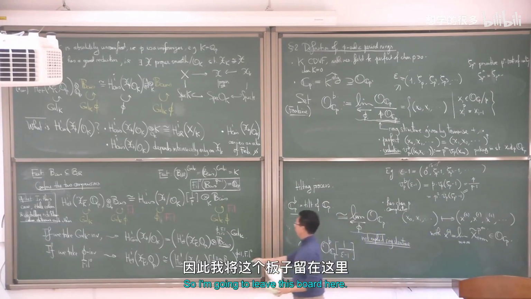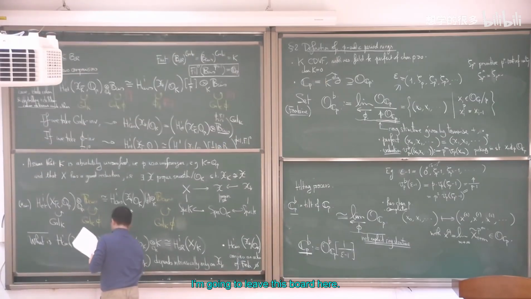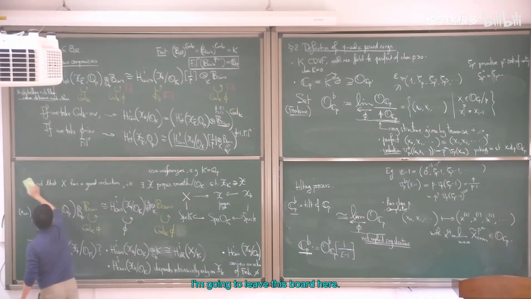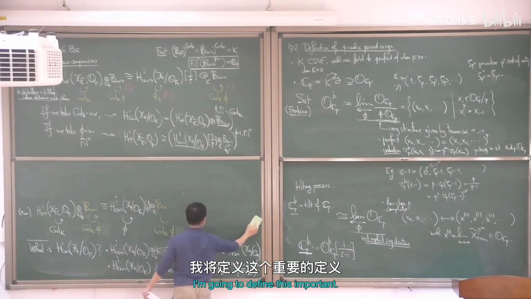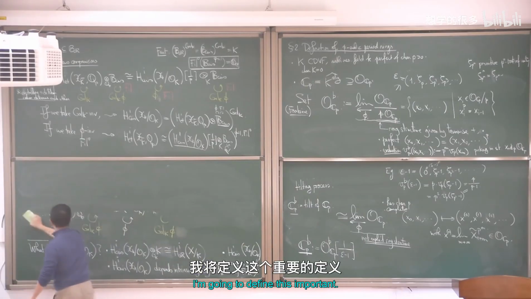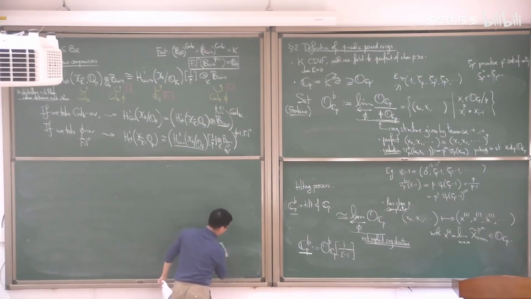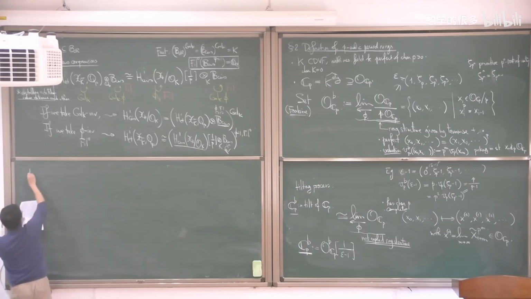So I'm going to leave this board here, and I'll define this important object on this board very quickly. Right, so now I'm going to define the so-called A_inf.